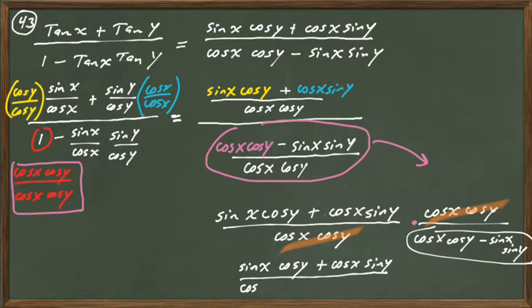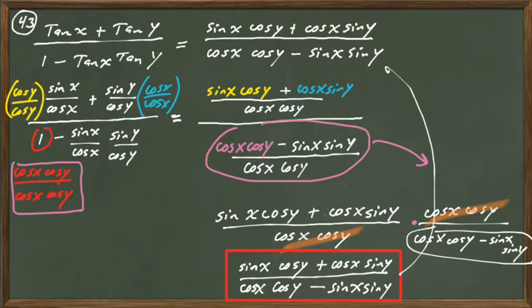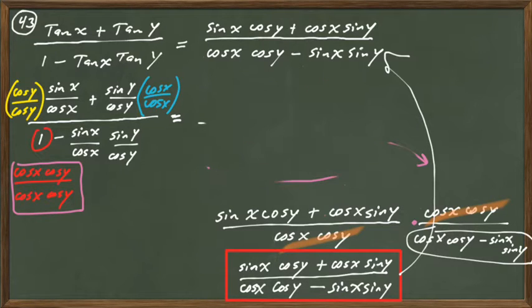Which is cosine x cosine y minus sine x sine y. At this point, I think this matches what we were trying to make it look like. This is a little more challenging because you have a bunch of fractions to add with common denominators. I'm going to attempt a slightly different approach to the same problem, but I need some room.